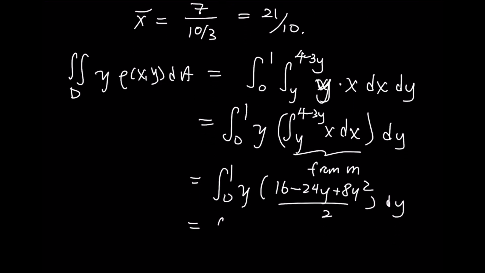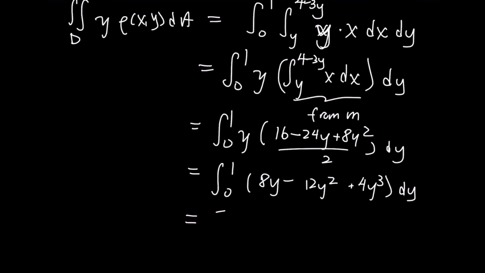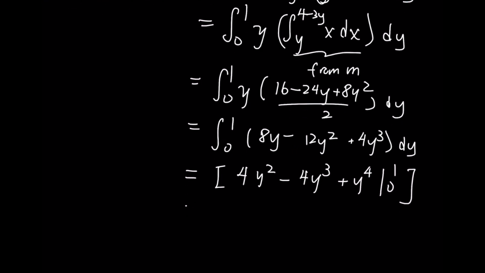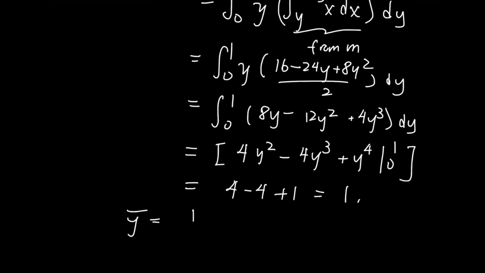So this is going to end up giving me 8y minus 12y squared plus 4y cubed, dy. This will give me 4y squared minus 4y cubed plus y to the 4, evaluated from 0 to 1, which is just going to be 4 minus 4 plus 1, which is just 1. The y center of mass ends up being 3 over 10.